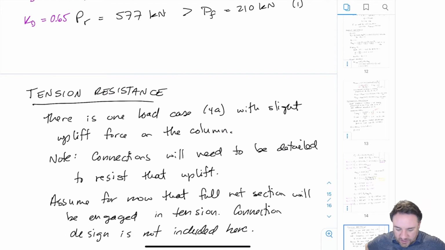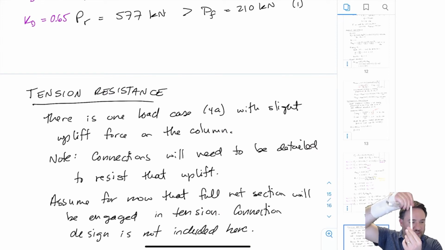So there's that one load case that has an uplift force, and the note here is just saying, remember, if I do have an uplift force, then obviously I'm going to have to detail a connection that's going to resist that uplift force. That connection is going to have bolts or something. So actually, the strength in uplift might be governed by the connection strength instead of the member strength.